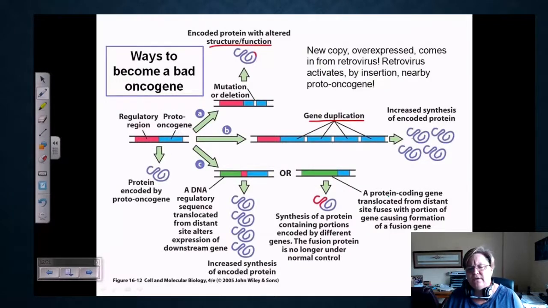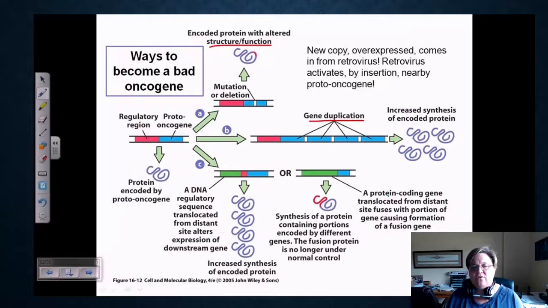We can have another process that's called an oncogene that can disrupt or cause a mutation. And an oncogene is basically an encoded protein with an altered structure which has changed its function. It's a new copy, it could be overexpressed, it could come from a retrovirus, and the retrovirus activates.